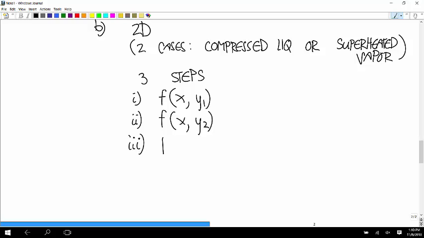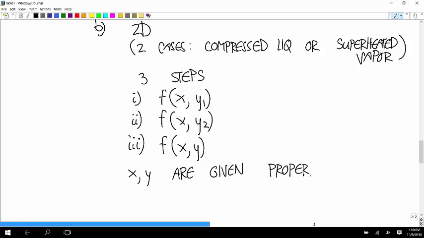And then the last step is calculate the function at x and y. Each one of these is just a 1D interpolation. In this case, x and y are the given properties, and f is the desired property.